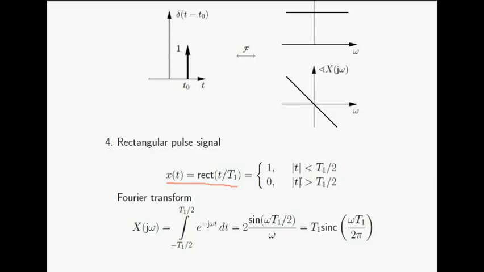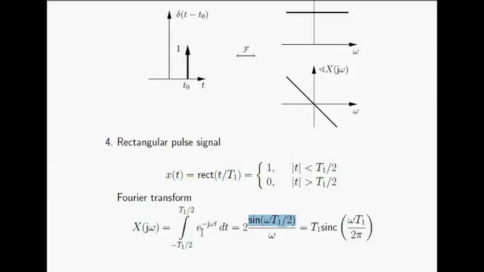So if I am trying to find x of j omega, since the signal is valid from minus T1 by 2 to T1 by 2, we will integrate over there only. Okay, and the value is 1, so inside the integral only e to the power minus j omega t will remain. So if I integrate it and put in the values, I'll get this function.